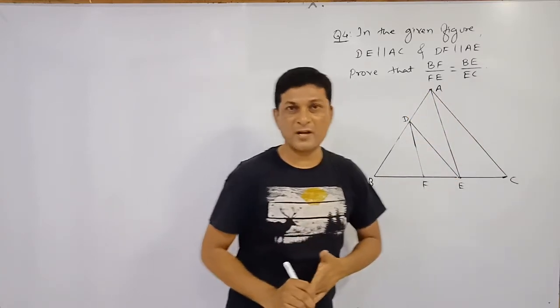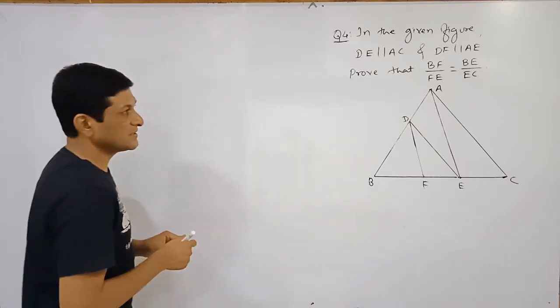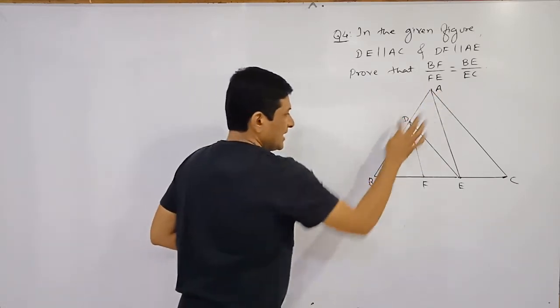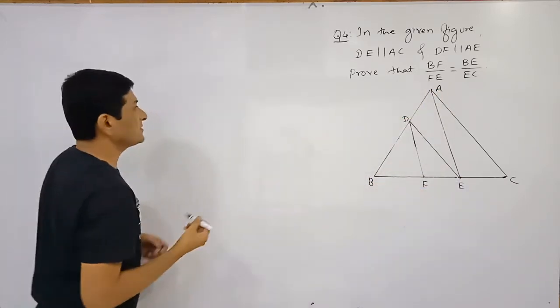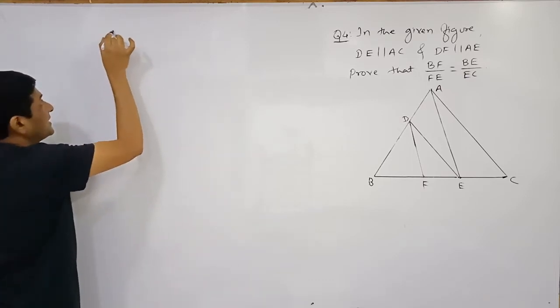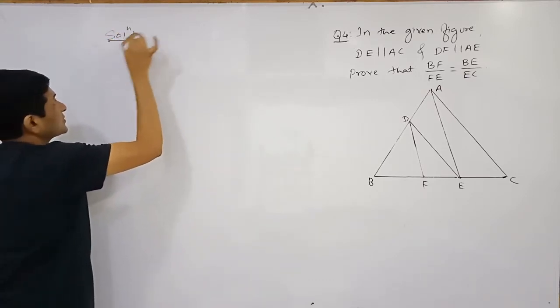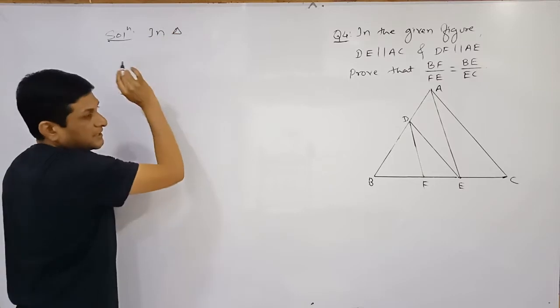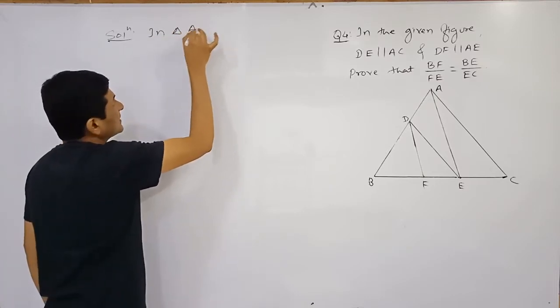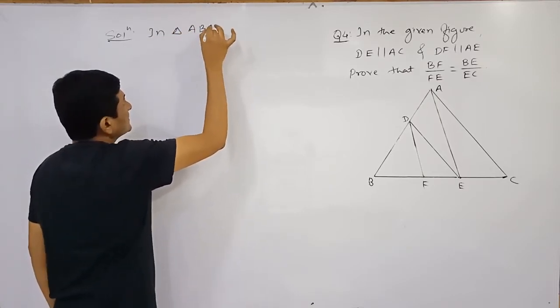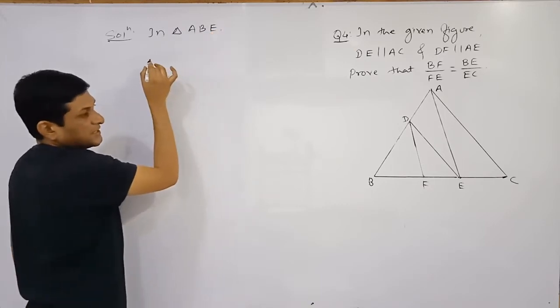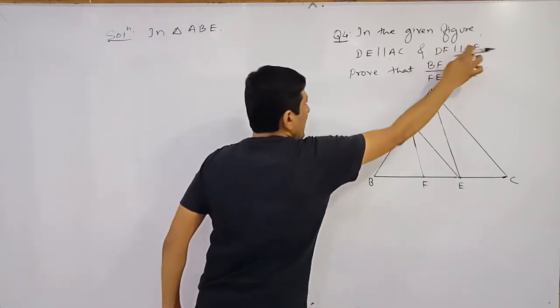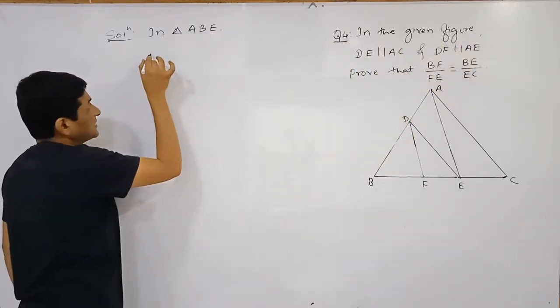So now try to understand it. First we are considering this triangle, triangle ABE. So in this triangle, see what result we are getting here. So in triangle ABE, what is the given condition? DF is parallel to AE is given to us.